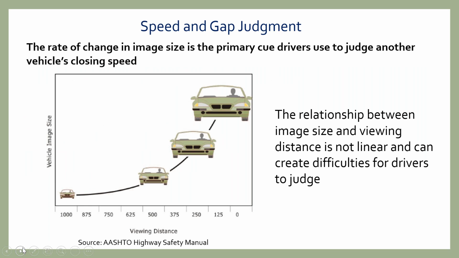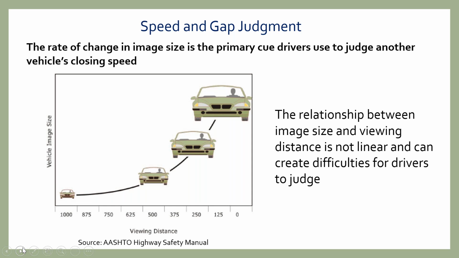If we think about the relationship between the change in an image size and trying to judge its speed, well, even for a younger person or a person with excellent vision, making those judgments is not easy, because of the laws of physics. You really don't see that much of a change in the size of an image until it's well within 500 feet.